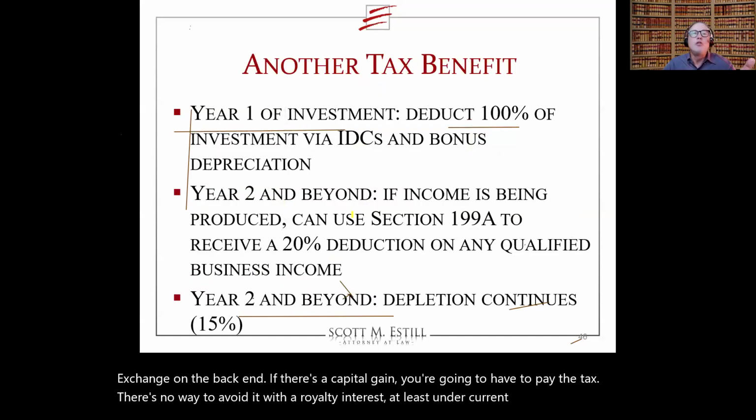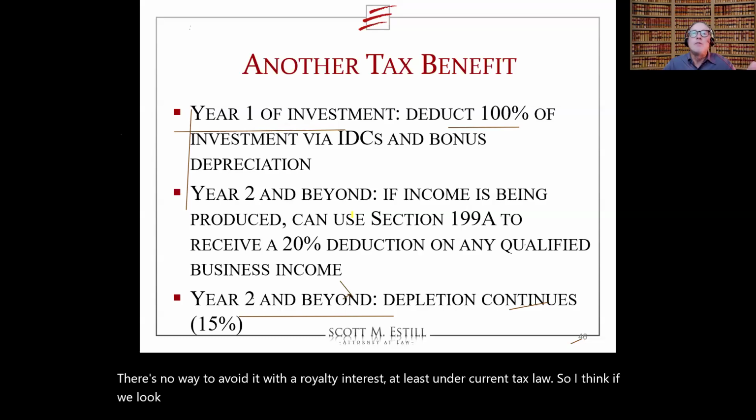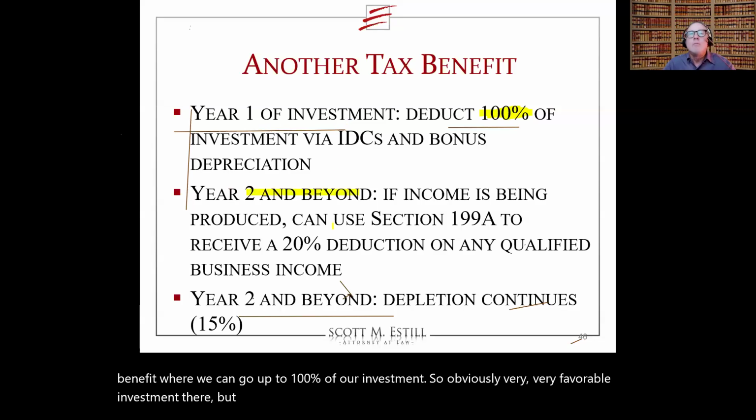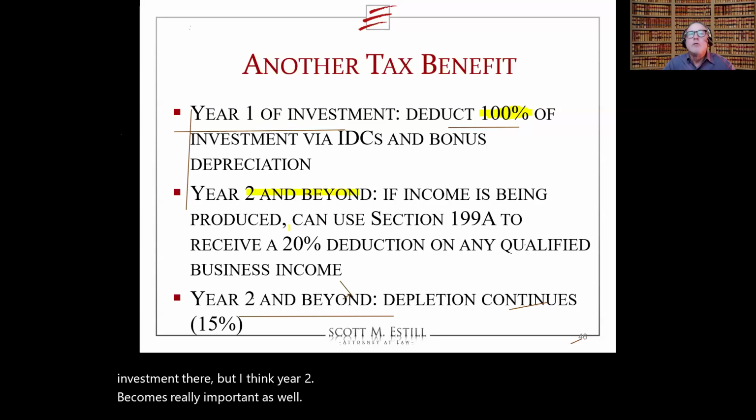So if we look at some of the benefits, in year one, obviously, we have this huge benefit where we can go up to 100% of our investment. So obviously, a very, very favorable investment there. But I think year two becomes really important as well, because we've got this potential Section 199A, and this gives us another 20% deduction.